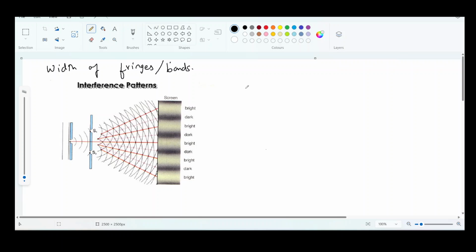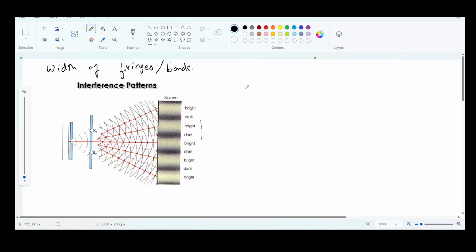Sorry, bright to dark is the width. The distance between any two successive dark or successive bright fringes is the width. Okay, so it depends what you want to call the width. The width we are calling, that is the textbook, is this.